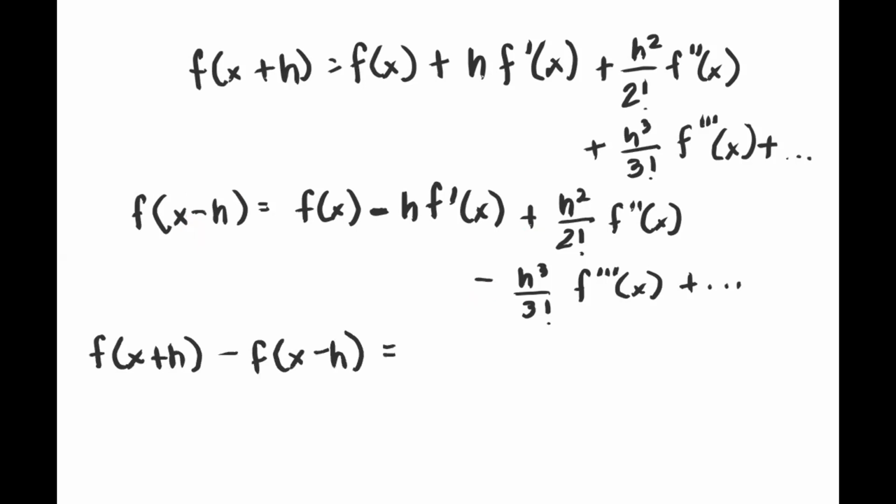So this one is equal to, the f of x disappears, right? Minus, so it becomes 2h f prime of x. This one, when subtracted, will disappear. This one, plus 2h cubed over 3 factorial f triple prime of x.